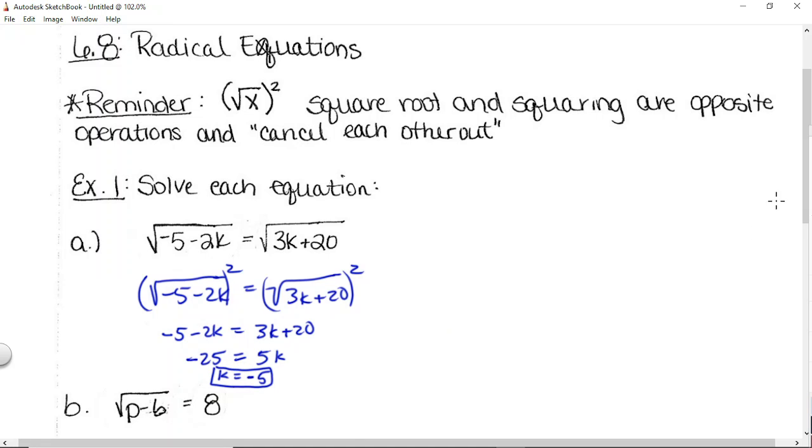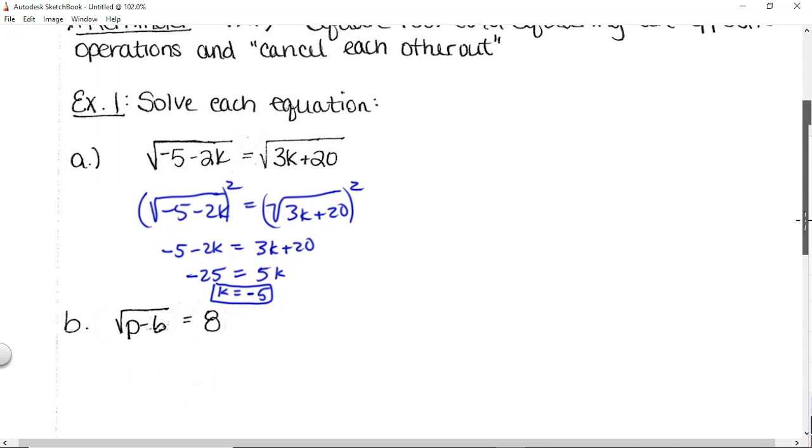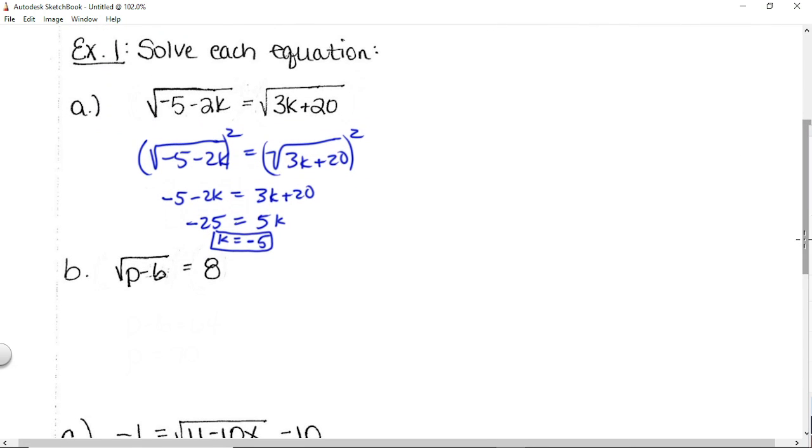Okay, let's look at the next one. So here again we have a radical on the left. And so we want to get rid of that. So we will square both sides of the equation.